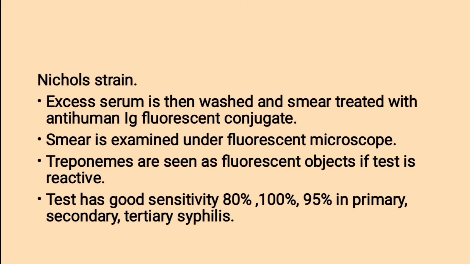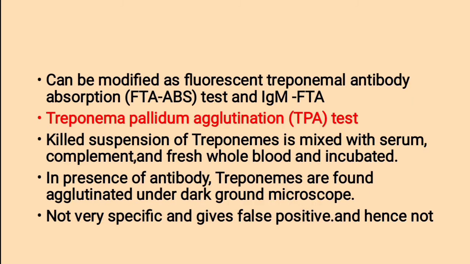The test has good sensitivity, that is 80%, 100% and 95% in primary, secondary and tertiary syphilis respectively. It can be modified as the fluorescent treponemal antibody absorption test and the IgM FTA test.